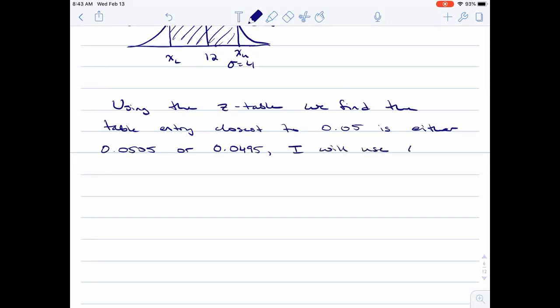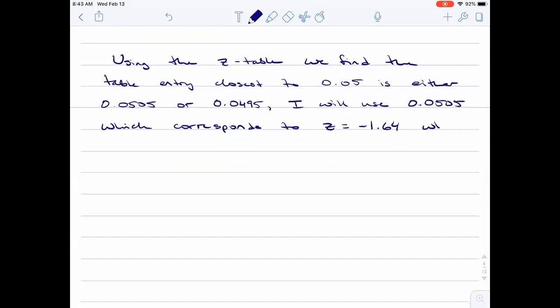I will use 0.0505. It's just the first one, which corresponds to Z of negative 1.64, which is the standardized value of x lower.